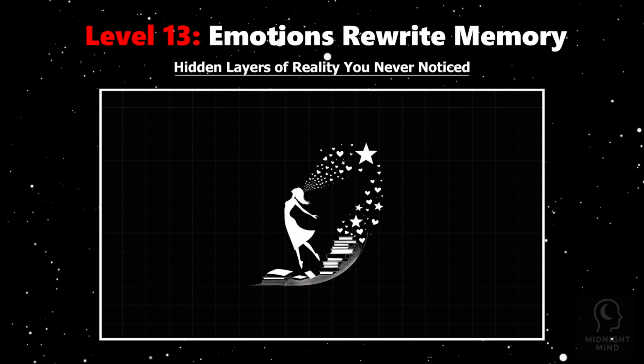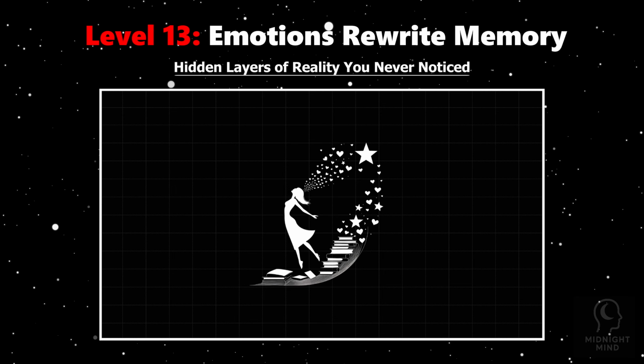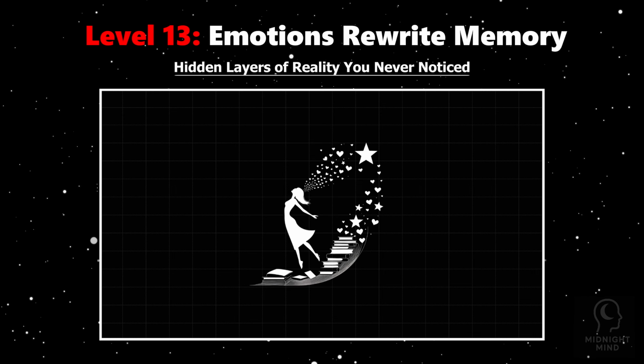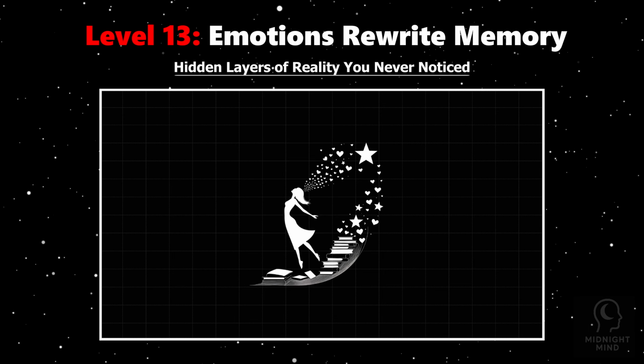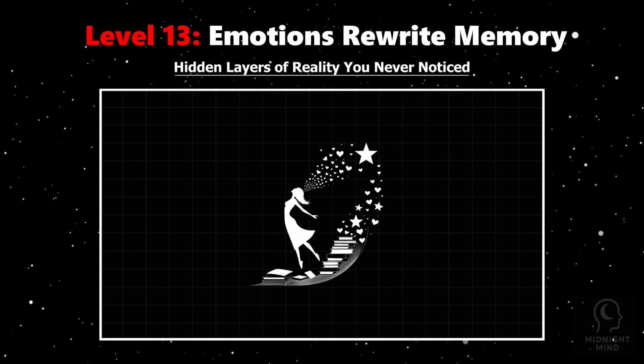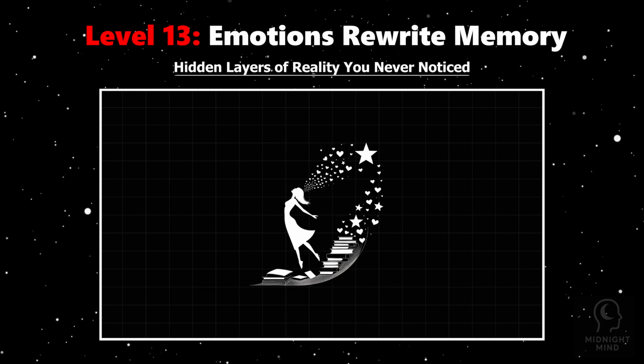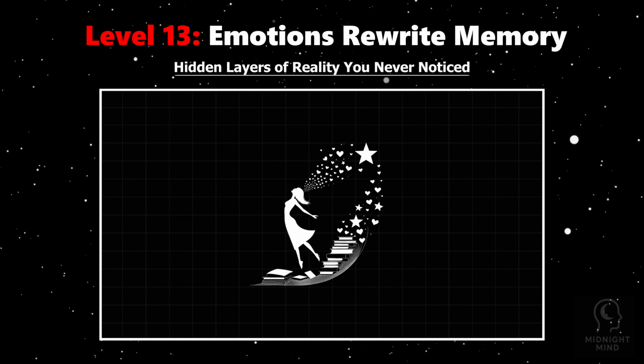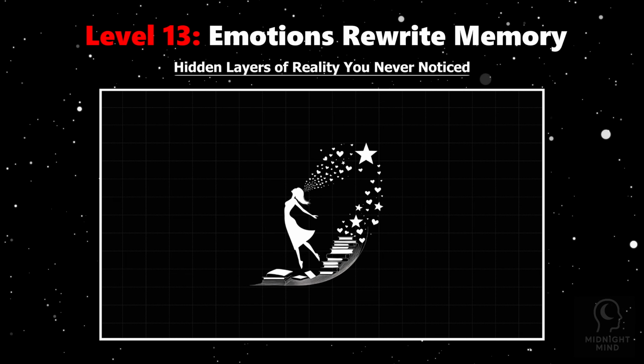This emotional rewriting happens because memories are not static recordings, but dynamic reconstructions stored in neural networks shaped by your feelings. The amygdala, the brain's emotional hub, interacts with the hippocampus to rewrite memories every time they resurface, embedding the emotional state present in that moment.